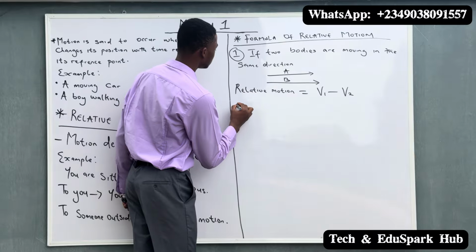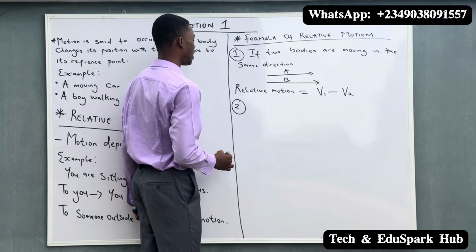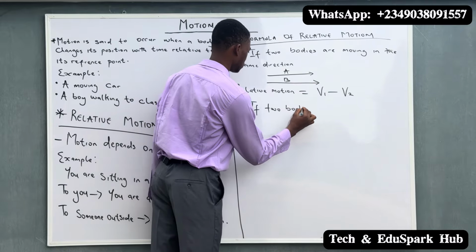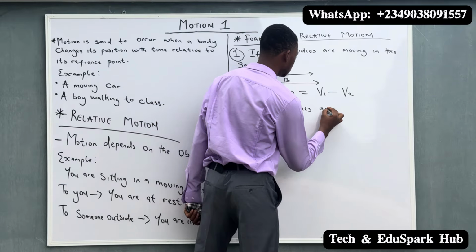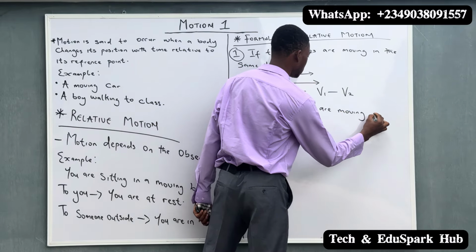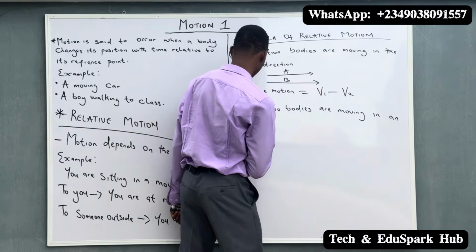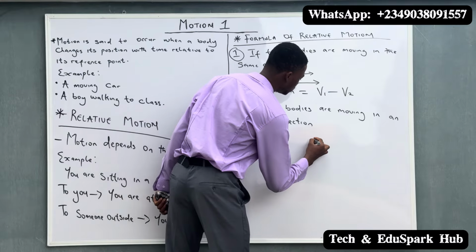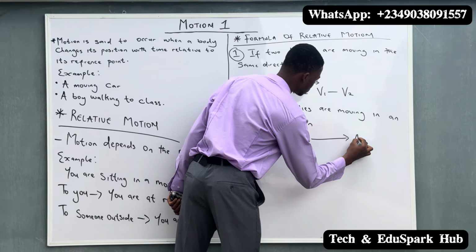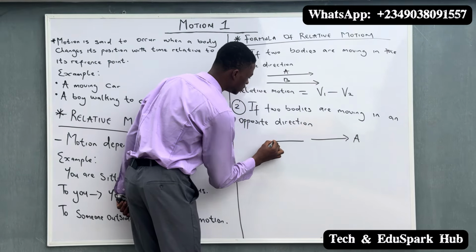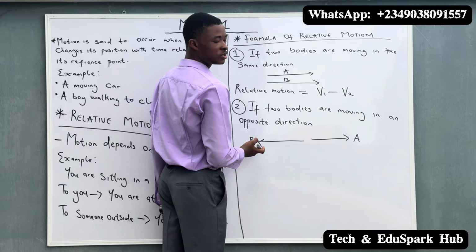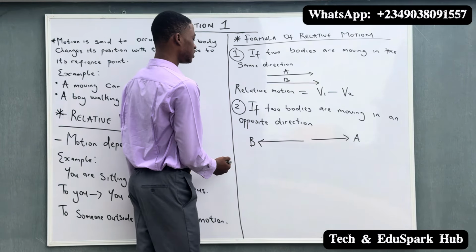And moving to the second scenario, case 2, if the two bodies are moving in an opposite direction. So let's say body A is moving to the east and body B is moving to the west. You can see in this case, both bodies are moving in an opposite direction.